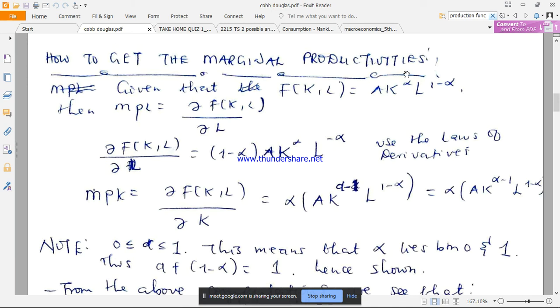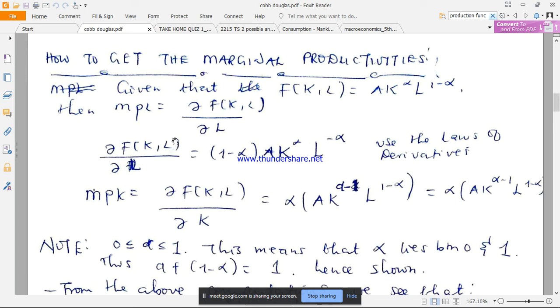If we have this production function, AK alpha L 1 less alpha, to get the marginal product of labor, which is the incremental effect of labor after increasing the units of labor by 1 unit, I'm saying that the change in the production function due to change in labor, but of course this is just y.